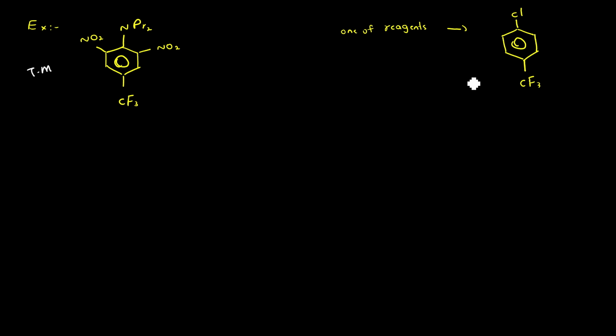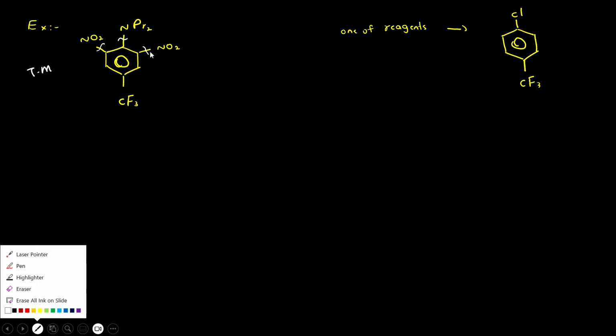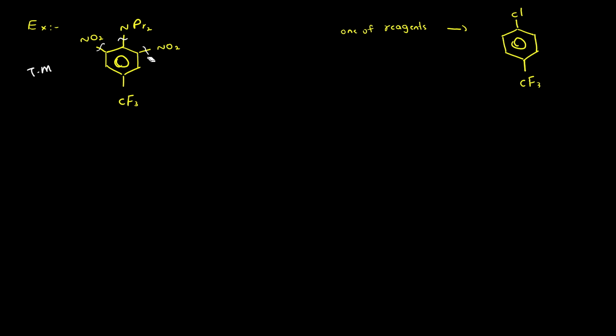Now when you see this, you can see the NO2 groups have been removed, right? So we have to do a disconnection through here. Remember, you cannot do the disconnection through here. If you watched our second video, I talked about the activation and deactivation of carbon rings.